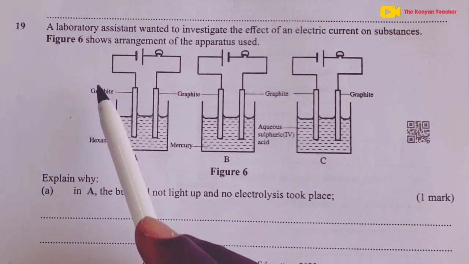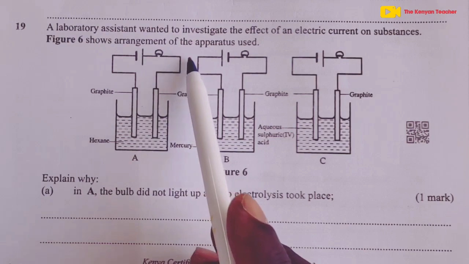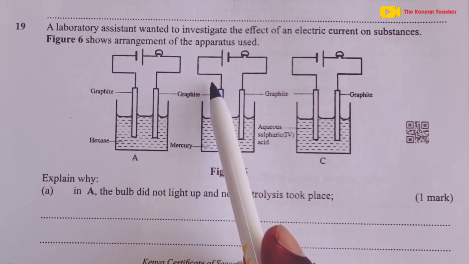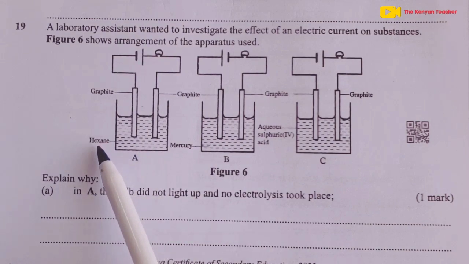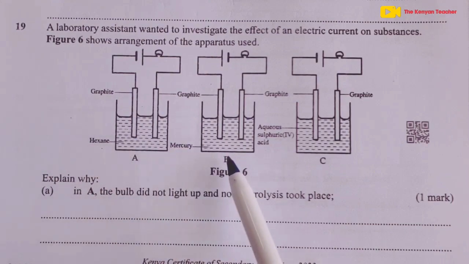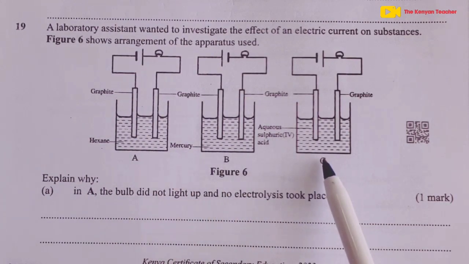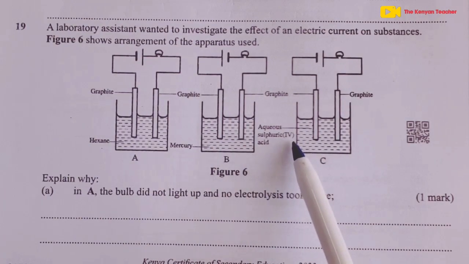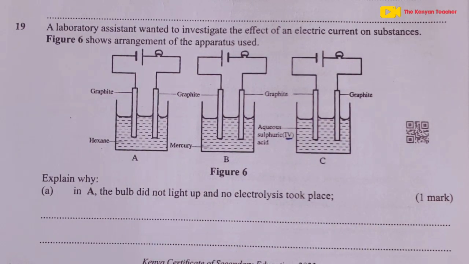We are told that figure 6 below shows the arrangement of apparatus that were used. So in A, we had hexane being tested here. In B, we have mercury being tested, and in C, we had aqueous sulfuric 6 acid. There is some mistake in the printing, sulfuric 6, not 4.